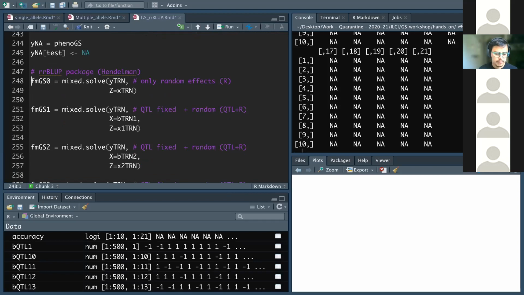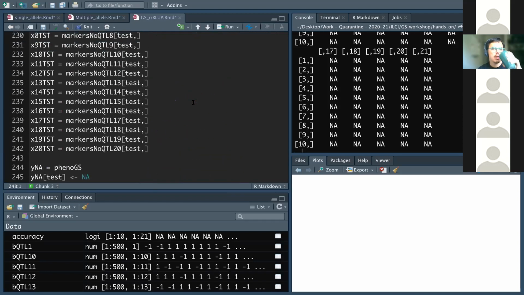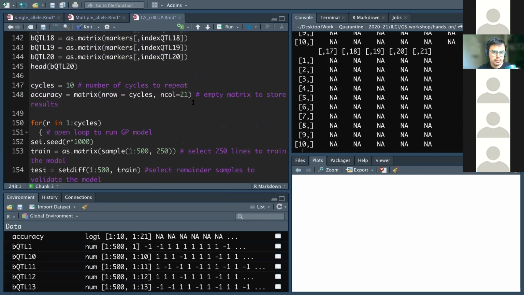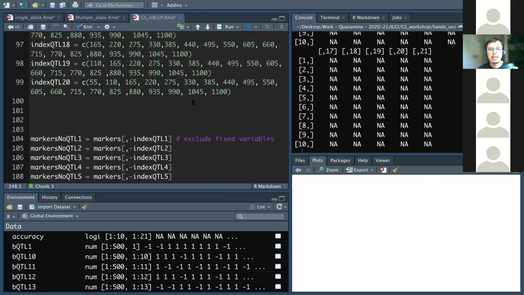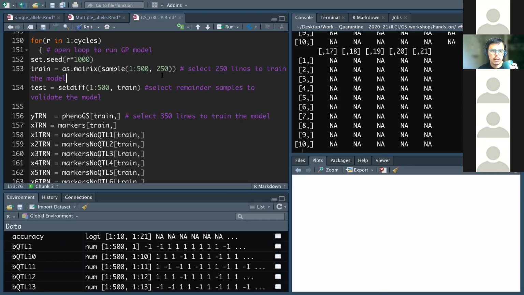Go ahead, Antoine. Thank you. Do we use 350 lines for the model, or I was expecting 250? In this case, we're going to have 250. Yes, but you have gone too far. Here is just a mistake.